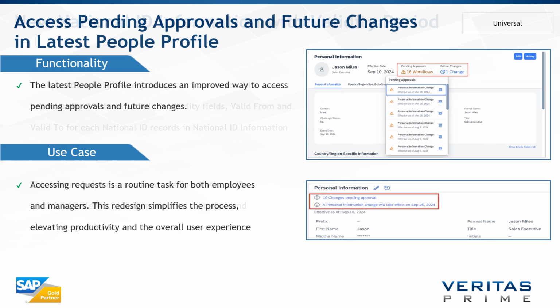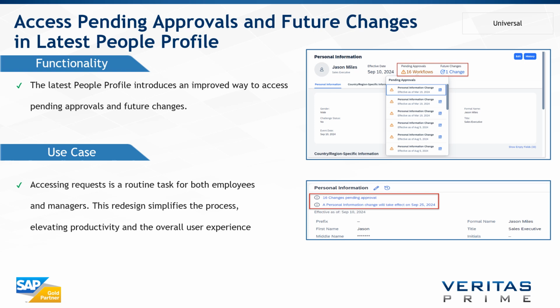Next one is accessing pending approvals and future changes in the latest people profile. The latest people profile has improved the way to access pending approvals and future changes. Accessing requests is a daily, routine task for both employees and managers.